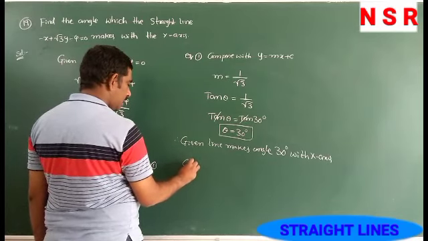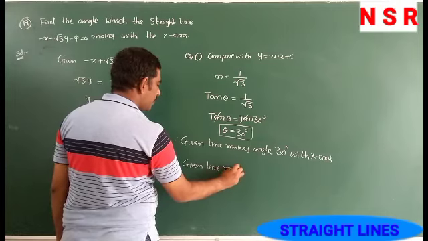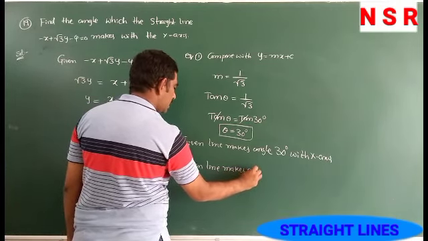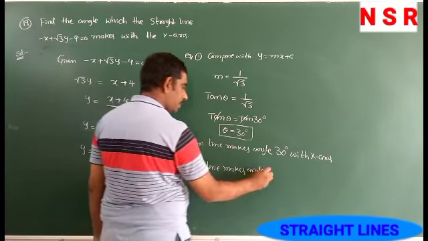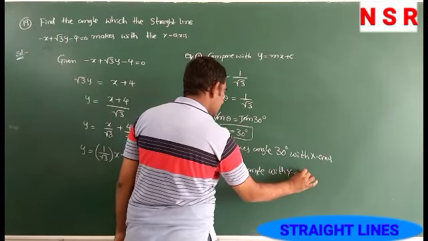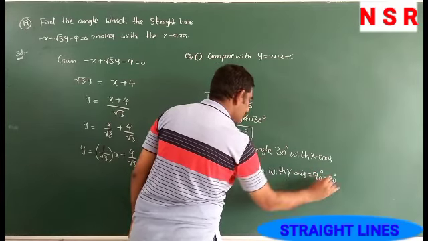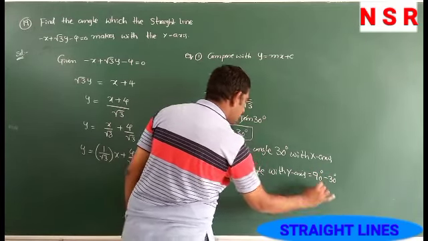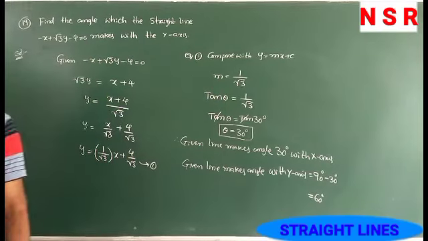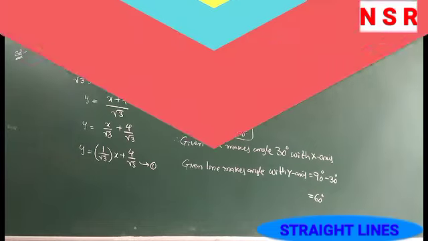So the given line makes an angle with the y axis equal to 90 minus 30, which is 60 degrees. Now the given line makes an angle of 30 degrees with the x axis and 60 degrees with the y axis. So this is a very important question.